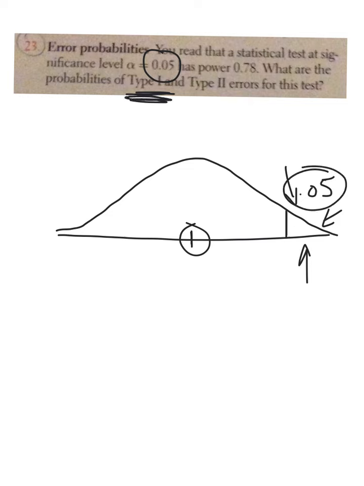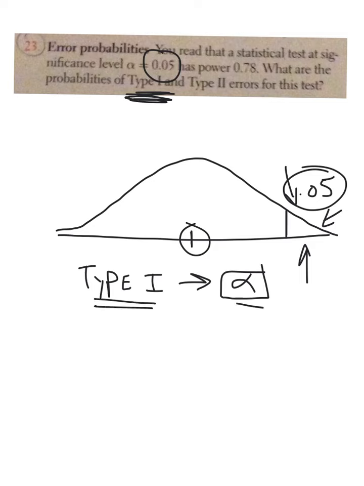So remember, type 1 is tied to that alpha level. So like that. That's a good thing to remember. Type 1 is the same thing as the alpha level as far as that's the probability that you make a type 1 error. Now type 2 is a little bit more complicated. So power.